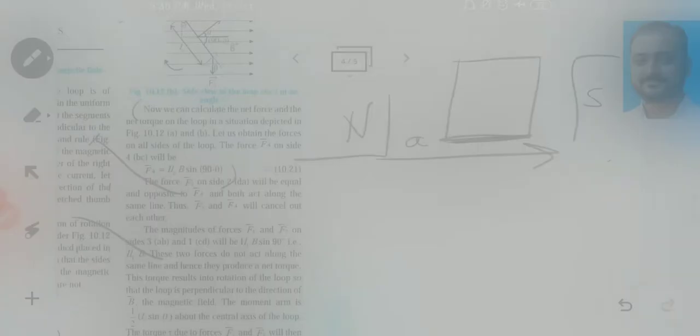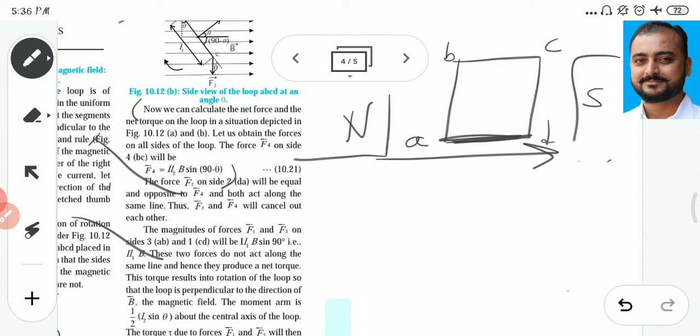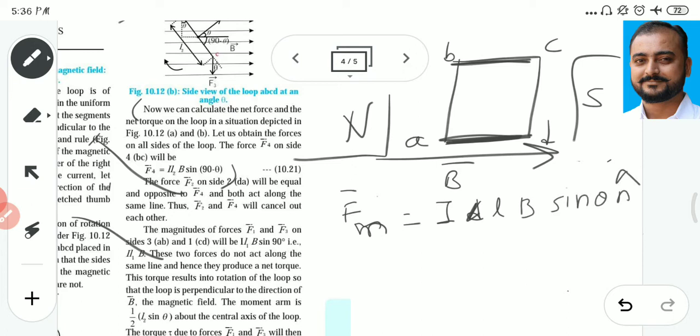ABCD, so BC and AD are parallel to the direction of the magnetic field. As we have a formula, what is that? Fm is equal to I dL cross B, or you simply write I L B sin theta n cap. So what is this? This L and B, the length of the wire and the magnetic field, are mutually parallel to each other.